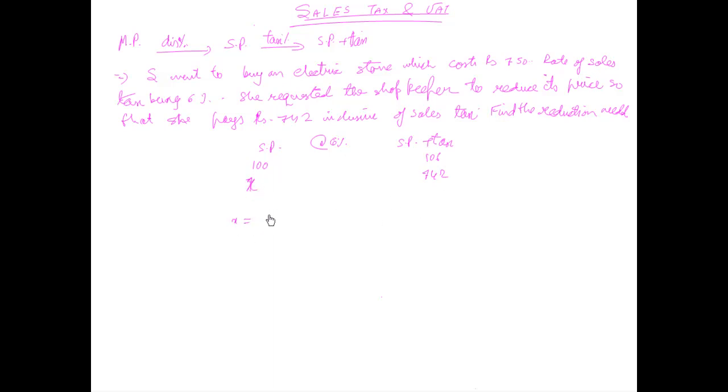So x is equal to 100 times 742 upon 106. We'll cancel with this to give you 7. So 700 is the cost. So reduction needed, children, will be rupees 750 minus 700. That's rupees 50. Reduction needed will be of 50 rupees, children.